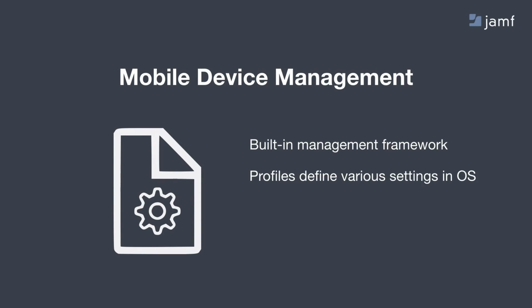And the way it works is you build these little profiles, and these profiles define various settings inside of the operating system. It tells the device how to behave. It's almost like a recipe. These profiles are delivered over the air to your devices, all thanks to Apple's push notification service. This service maintains a constant connection to your devices, so you don't have to.